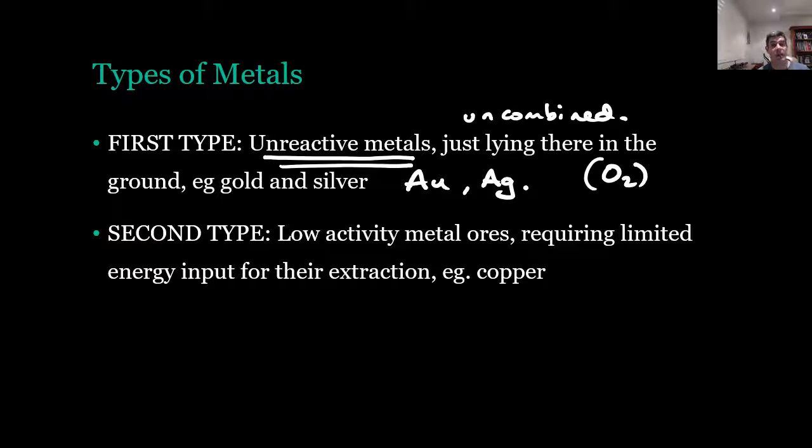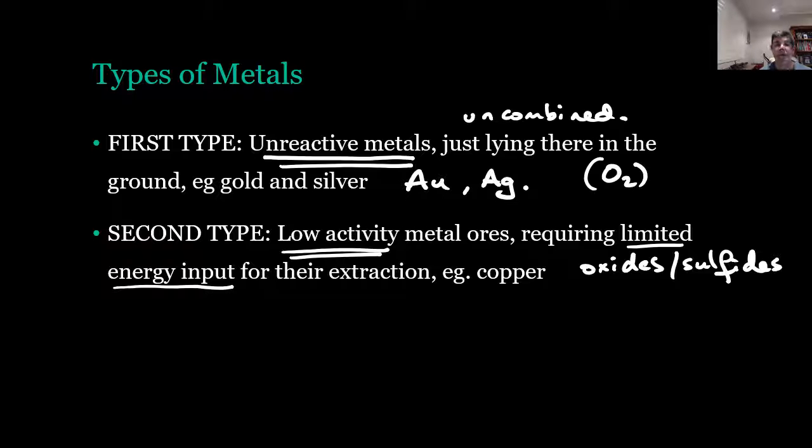The second type are low activity. So these ones do react. They are ones that have often formed oxides or sulfides, compounds that have been produced, and because of their low activity, they only need a limited amount of energy input for their extraction, and often the type of extraction is a clue to that.